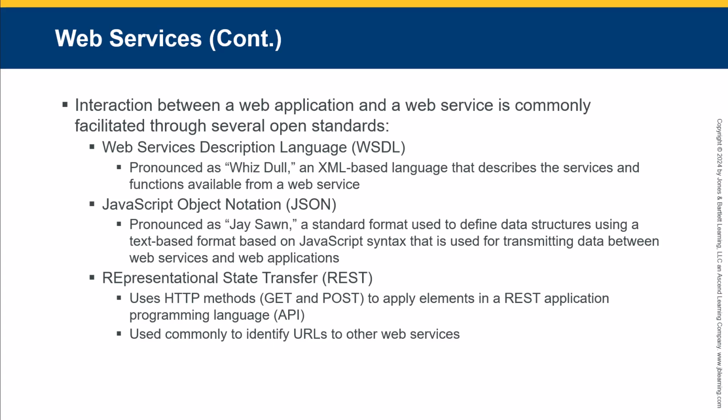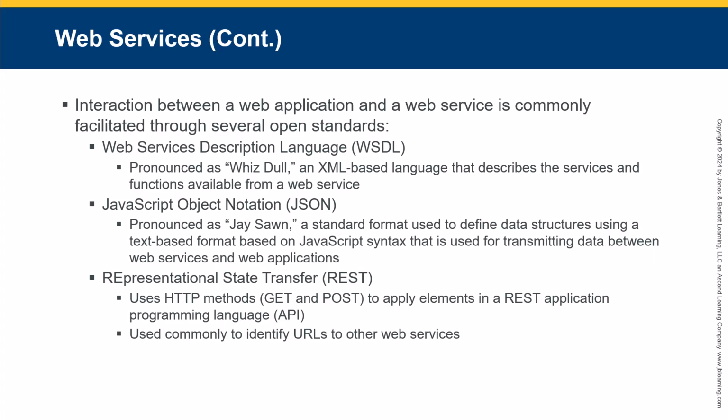You also have JSON, JavaScript Object Notation, a standard format used to define data structures using a text-based format based on JavaScript syntax, used for transmitting data between a web service and a web app. You also have REST, representational state transfer. This will be using HTTP methods GET and POST to apply elements in a REST application using an API. Used commonly to identify URLs to other services.